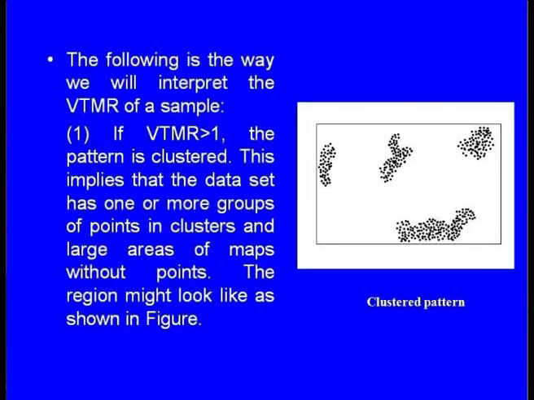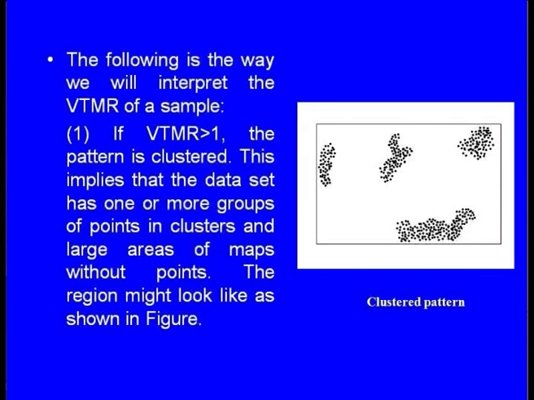We will now interpret the VTMR of a sample as follows. The first criterion is, if VTMR is greater than 1, it may be concluded that the pattern is clustered.